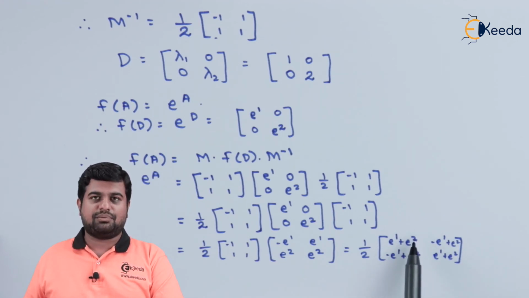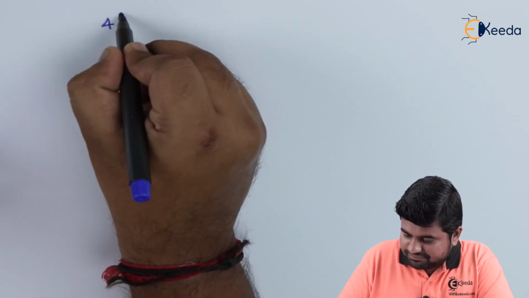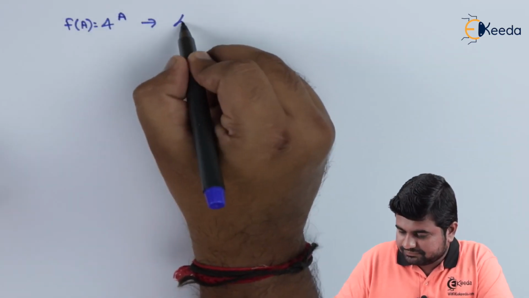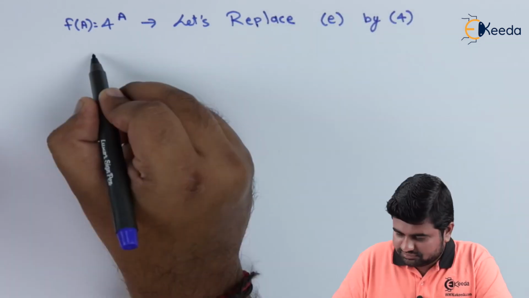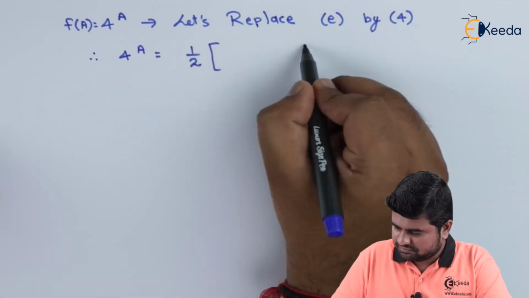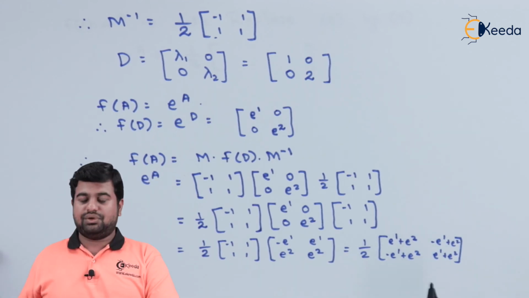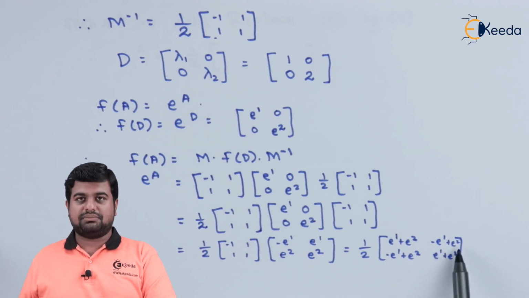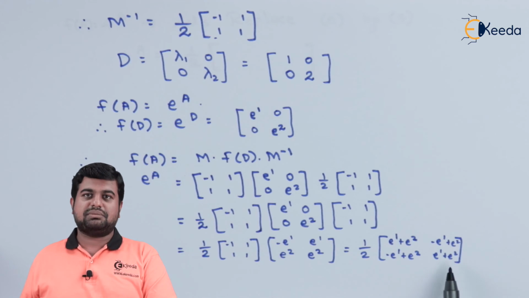It comes around 5.3, or you can keep the answer as it is. So we had got e raised to A as half into e raised to 1 plus e raised to 2, half into minus e raised to 1 plus e raised to 2, minus e raised to 1 plus e raised to 2, and e raised to 1 plus e raised to 2.